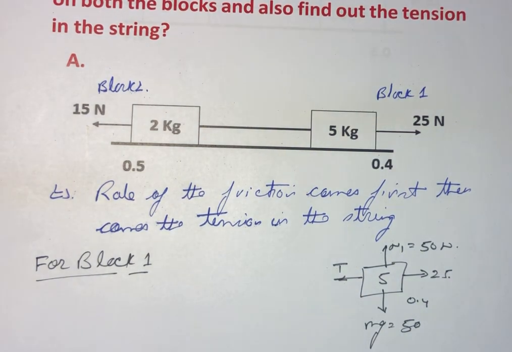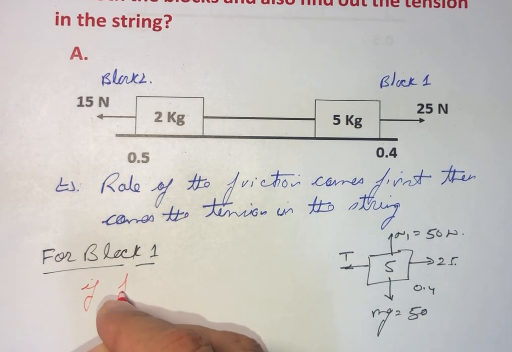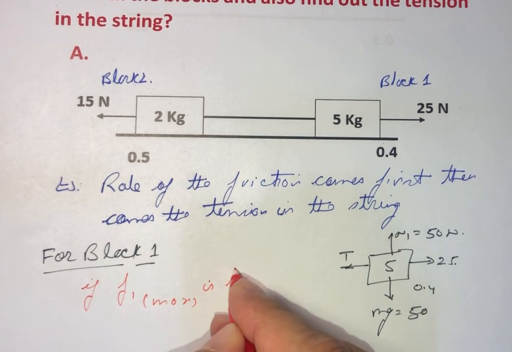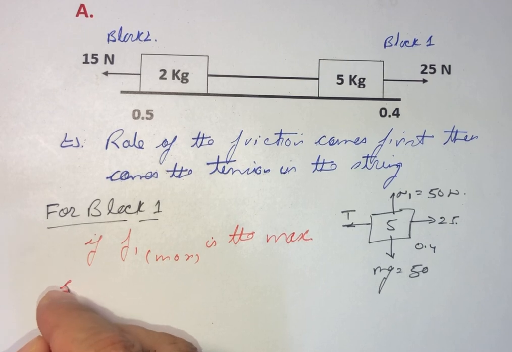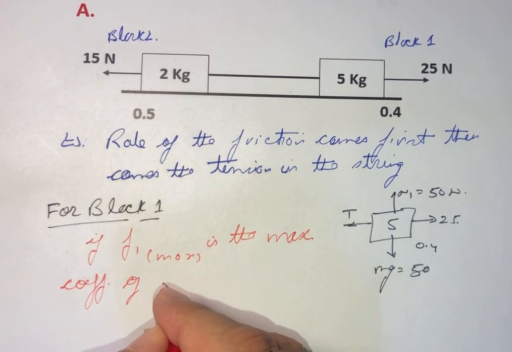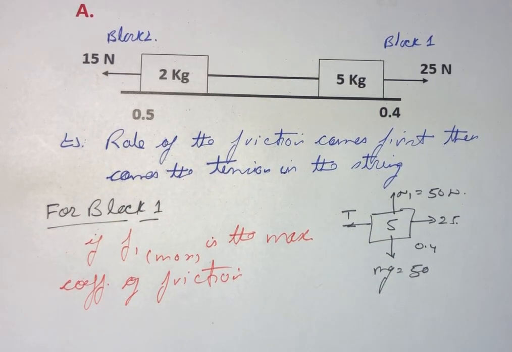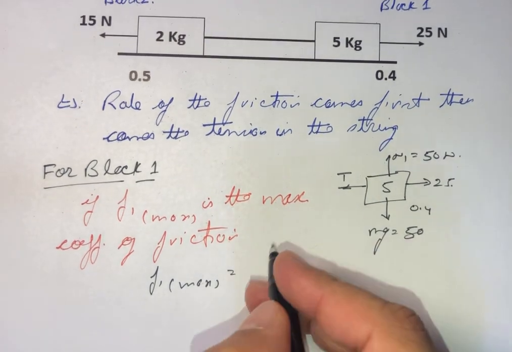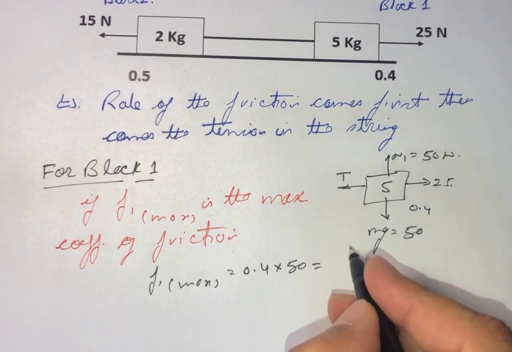For block 1, if F1 max is the maximum friction, then we can say our F1 max will be equal to 0.4 into the value of the normal, that is 50, and this will come as 20 Newton.